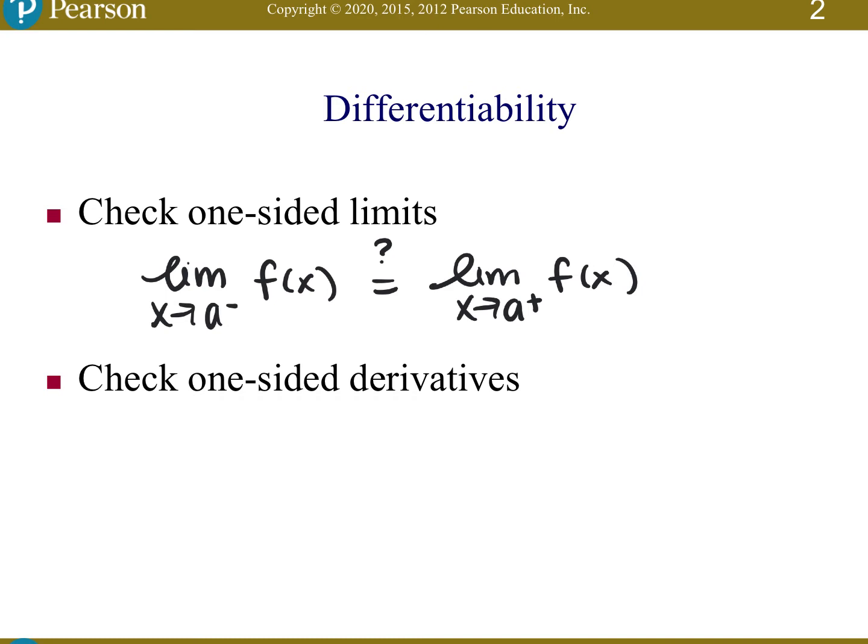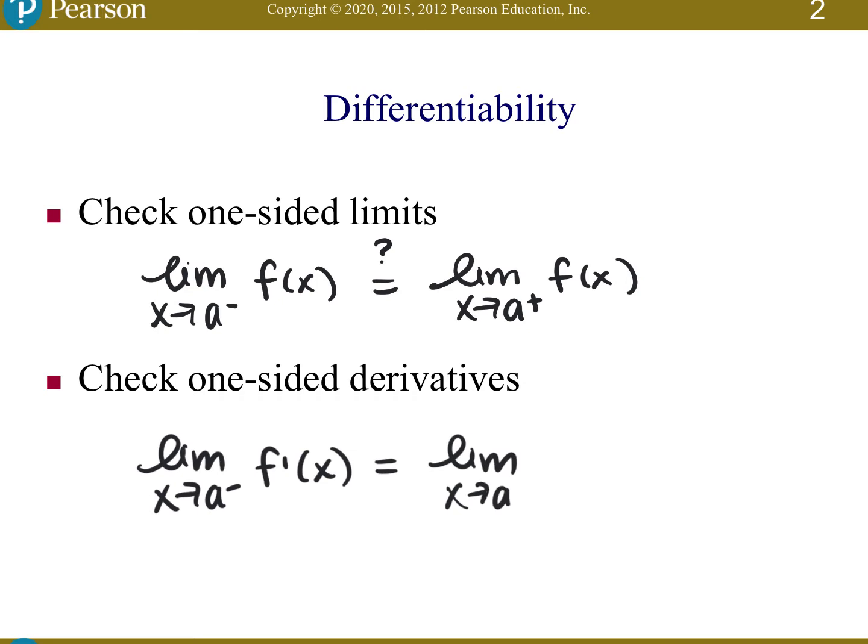Okay, in the same way, we would check one-sided derivatives as well. So we would check the limit as x approaches a from the left, and this time you're going to put f prime, and you're going to investigate whether or not that is equal to the derivative on the other side. And again, you're going to put a question mark.